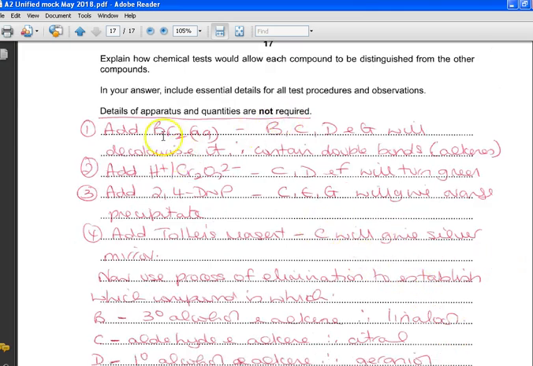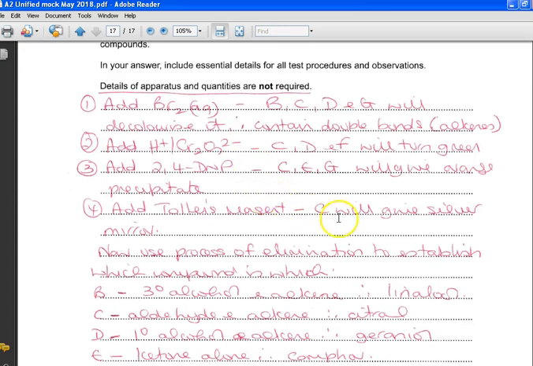Now I've done it in the way that I think I would do it. There are lots of alkenes there, so the first thing I would do is establish which ones have got an alkene group in them by adding bromine water. And then there are a number of compounds that, if you added acidified dichromate to them, should go from orange to green, which indicates that you've got an alcohol or something present. 2,4-dinitrophenylhydrazine, again, will tell you that a carbonyl compound is present.